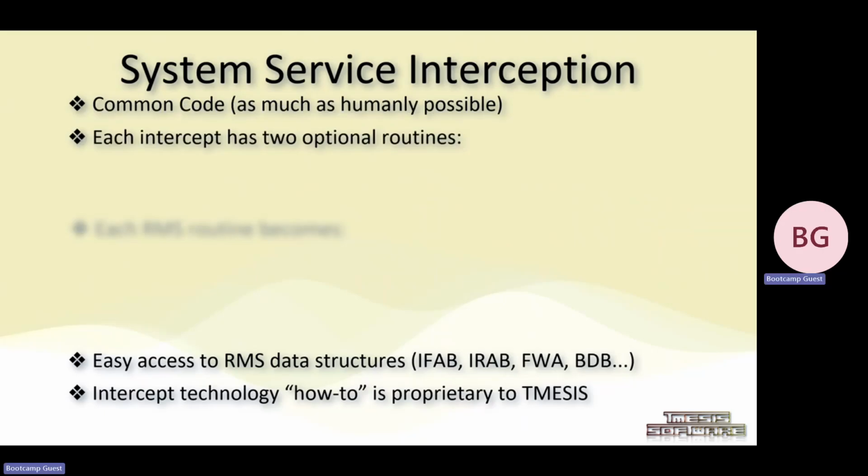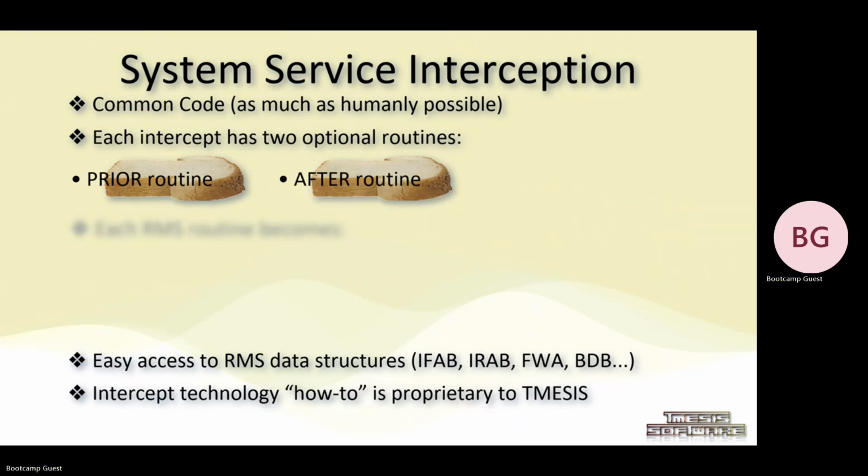So each intercept on this thing has essentially two optional routines. It's pretty much like if you've ever played with the supported interface for the... yeah, that's it. I call them prior routines and after routines. So think of it as a sandwich.